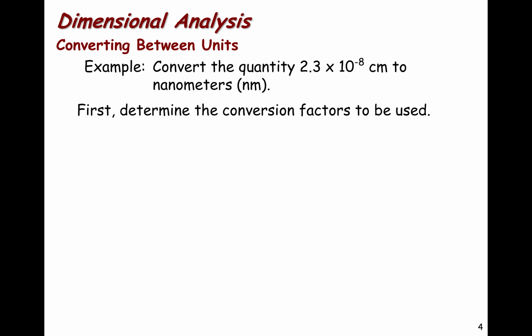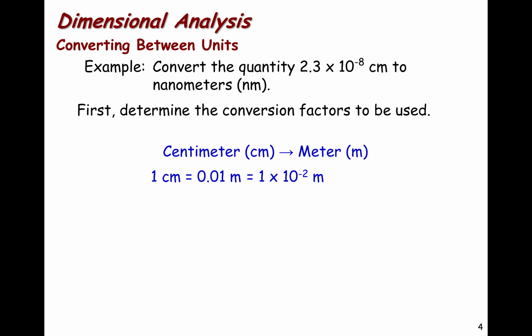You may or may not know a direct conversion factor. In this particular case, it might be useful to first go from centimeters to meters, since you know what the prefix centi means, and then do an additional step. So 1 centimeter is the same as 10 to the negative 2 meters, which is equivalent to 0.01 meters.